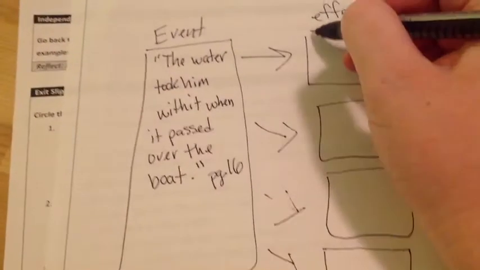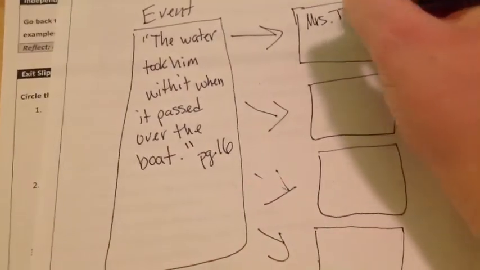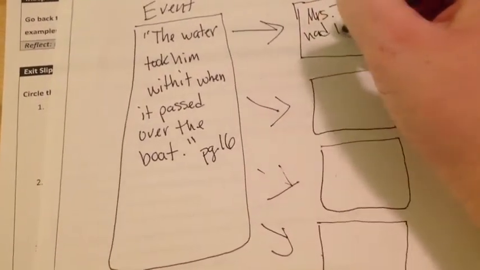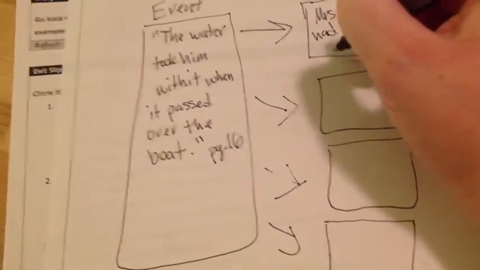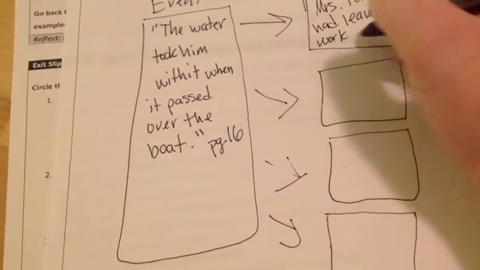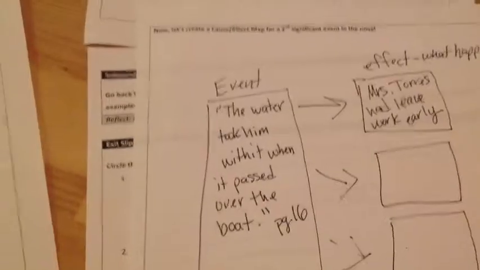That is that Mrs. Torres, Lupita's mother, had to leave work, right? She had to leave work early. And that happened in chapter 1. Let's move to chapter 2, what we read today.